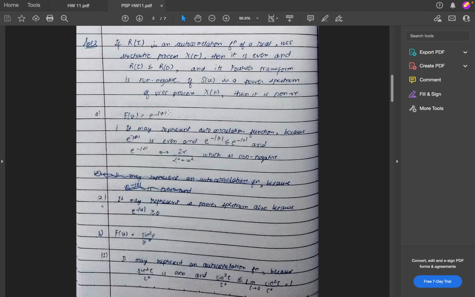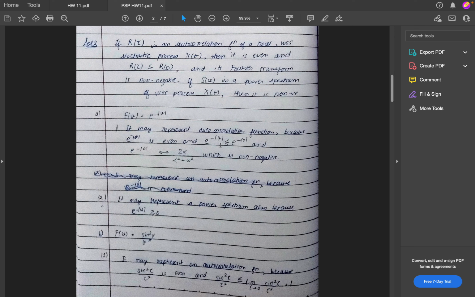Now for the first part, f of v is given as e raised to power minus mod of v, and so first thing we see is that this is an even function. So if we replace v with minus v, it will be the same, e raised to power minus mod of v. And the second thing is e raised to power minus mod of v is always less than or equal to e raised to power minus 0, which is basically 1.